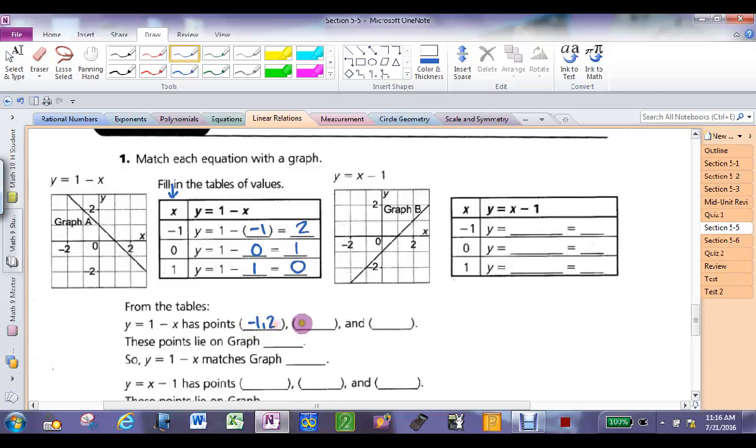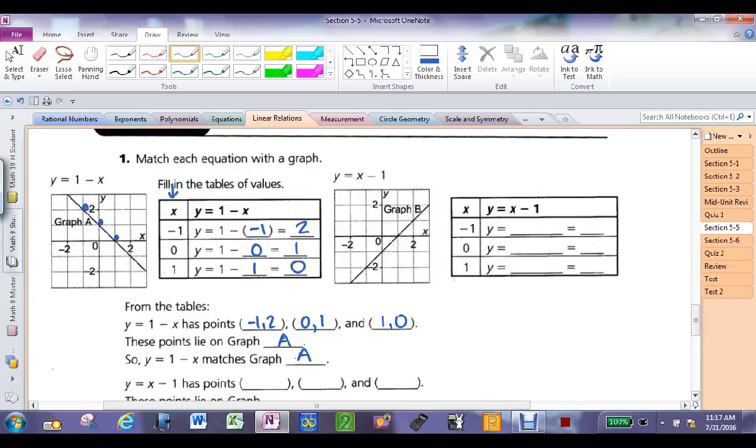Negative 1, 2, 0, 1, and 1, 0. Yes? Which of these graphs has those points? Graph A. (-1, 2), (0, 1), and (1, 0). So this equation matches graph A.